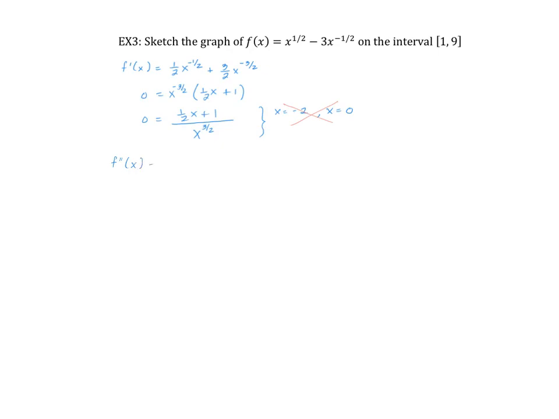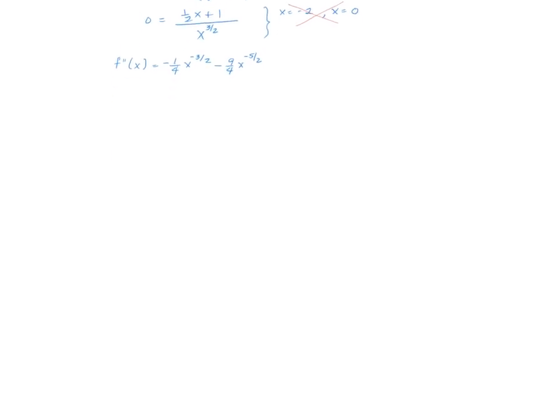When I compute the second derivative, it looks like it's going to be negative 1/4 x to the negative 3 halves minus 9/4 x to the negative 5 halves. So again, I want to find possible inflection points by setting my second derivative equal to 0.